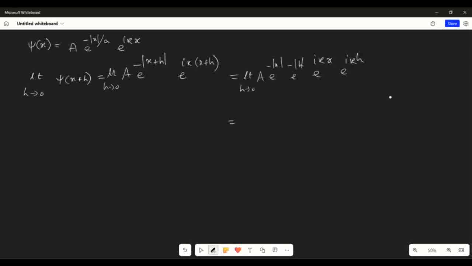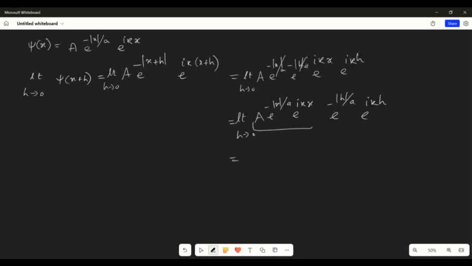So we will get A e to the power minus |x|/a, e to the power ikx, and e to the power minus |h|/a and e to the power ikh, with limit h tending to 0.